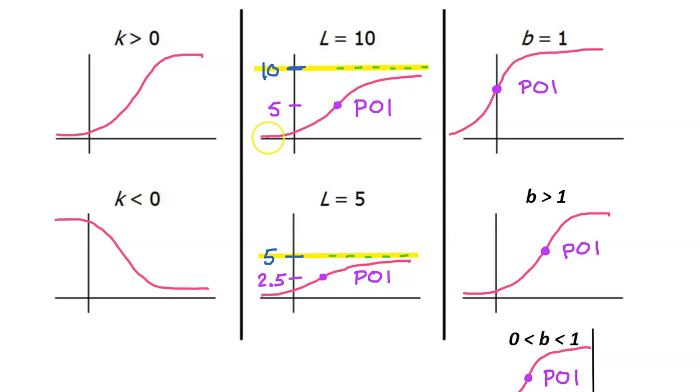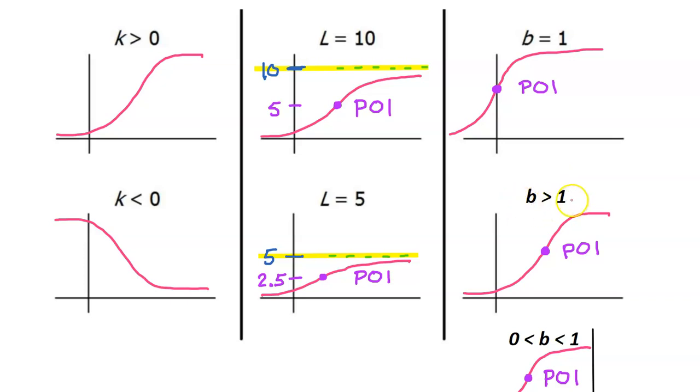A logistic growth curve has a point of inflection where the graph goes from concave up to concave down. The point of inflection is at a y value that is half of the carrying capacity. The b value tells us something about the horizontal position of the point of inflection. If b equals 1, the point of inflection is right on the y-axis.